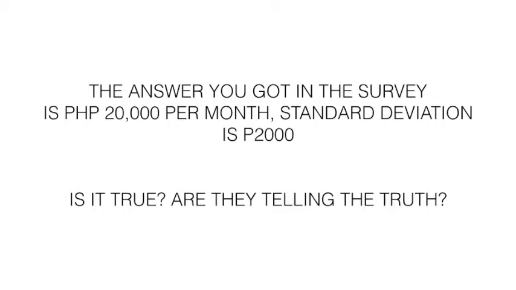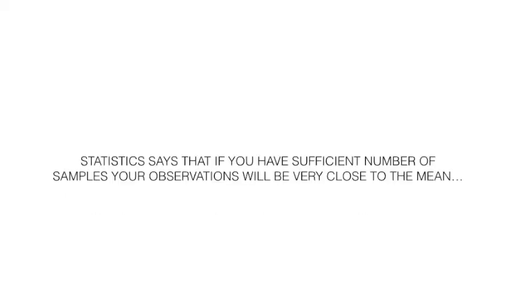Now, is it true? Are they telling the truth? Remember that you only asked 300 people. You did not ask the 1,000. So how sure are you that the 20,000 average income is really true? Okay. Now, statistics says that if you have a sufficient number of samples, your observations will be very close to the mean.